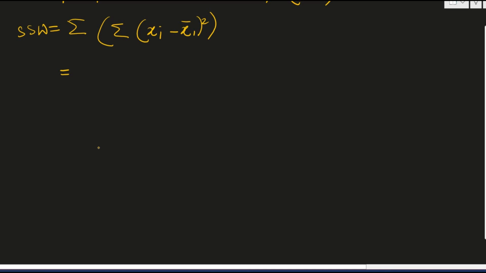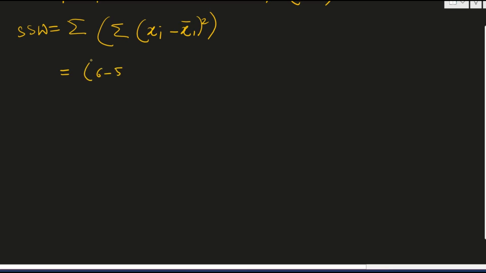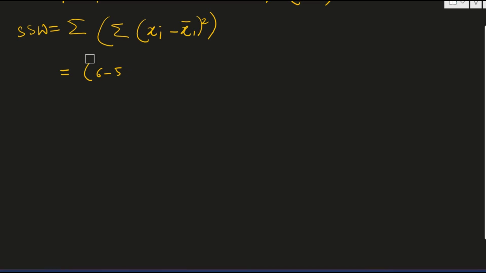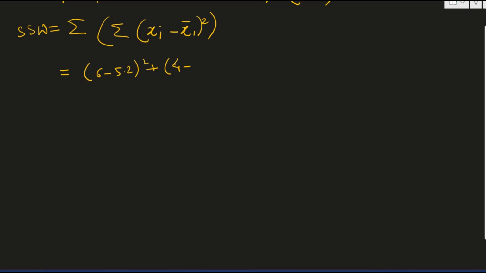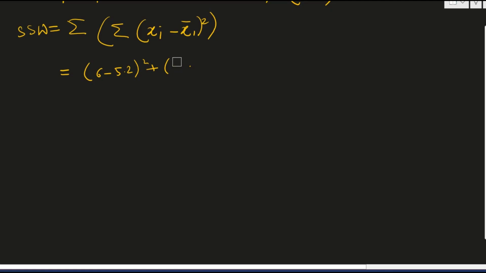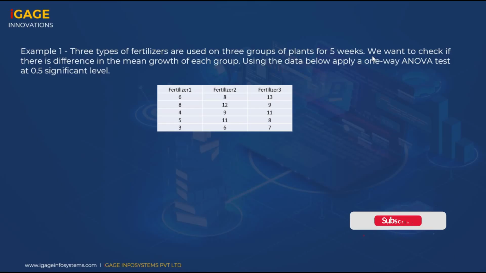What are our values? 6 minus 5.2 whole square, plus 4 minus 5.2 whole square, plus 8 minus 5.2 whole square, plus 4 minus 5.2 whole square, and so on.